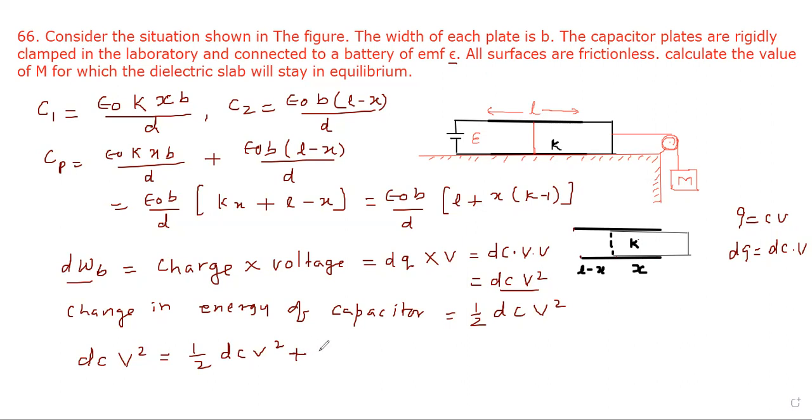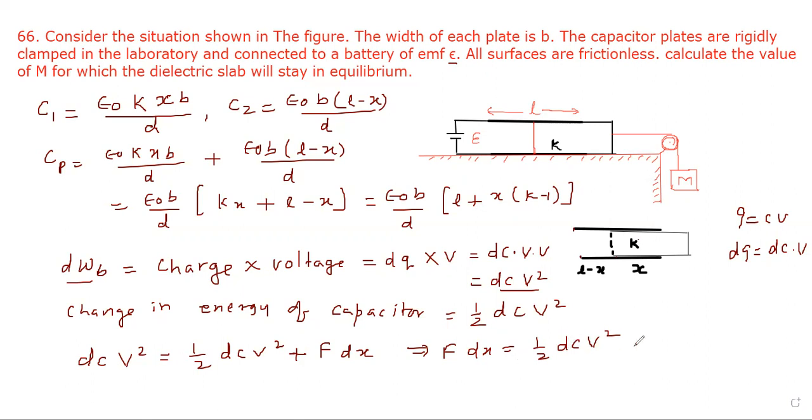So suppose force is F and it moves through distance dx. So F dx. Let's find F dx, which will be equal to dC V squared minus half dC V squared. So this will give half dC V squared.